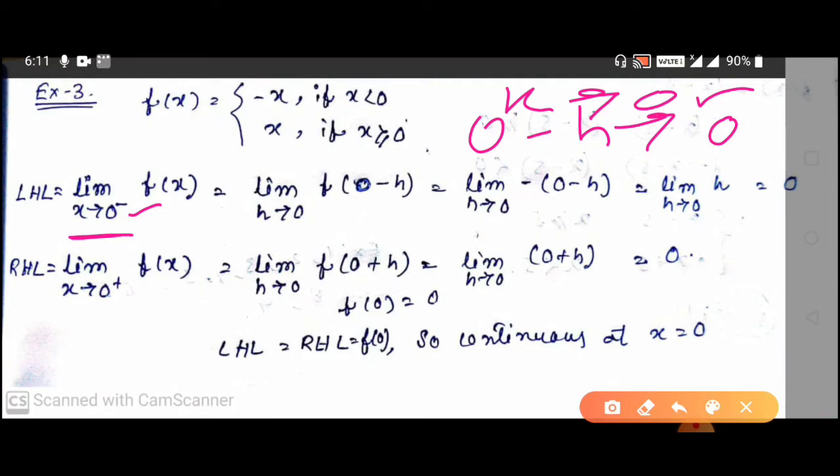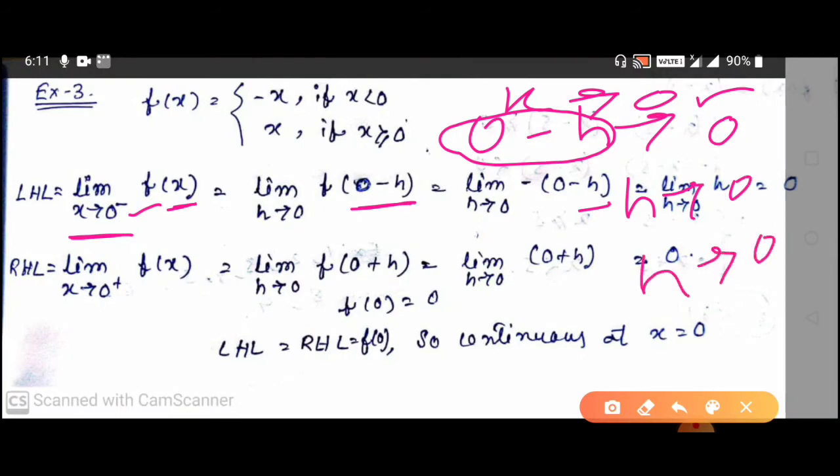So this is something which is very near to 0. Whenever we put 0 minus h in place of x and x tends to 0, we can say 0 minus h tends to 0. Whenever 0 minus h tends to 0, that means minus h tends to 0, so h tends to 0.